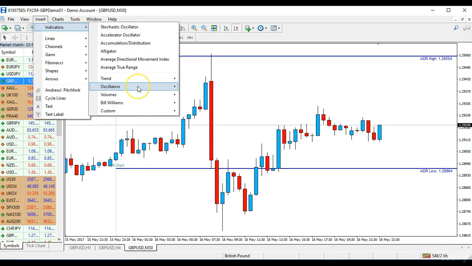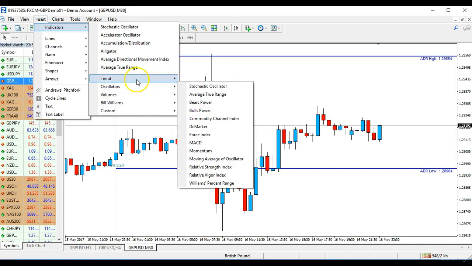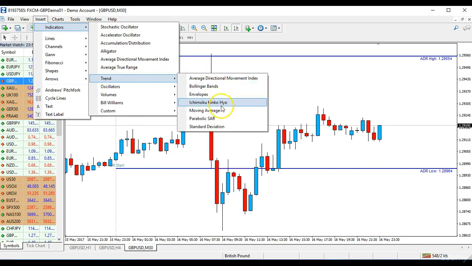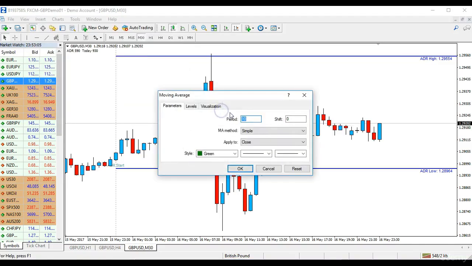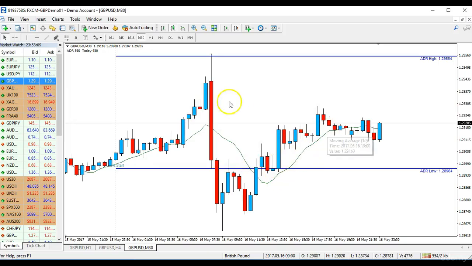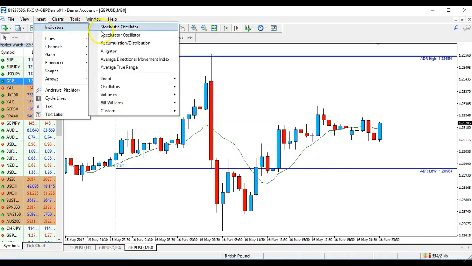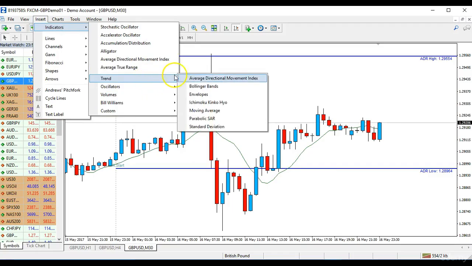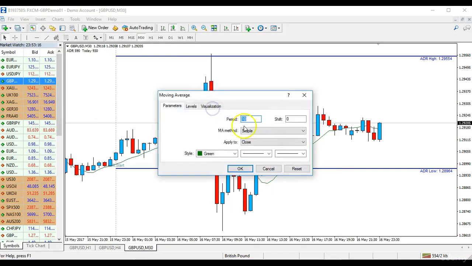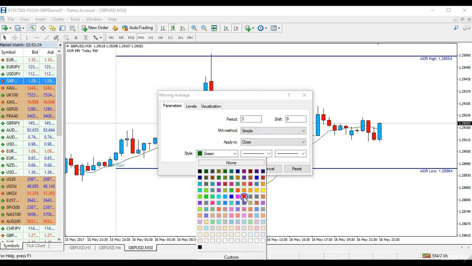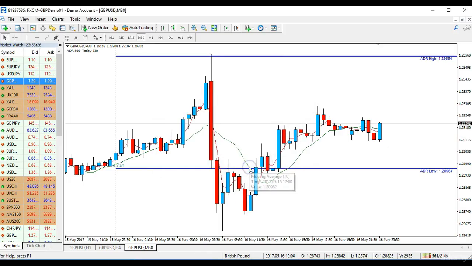So let me give you another indicator that I use and tell you how I use it. Another indicator I use is called a moving average. I use a 10 period green moving average and a 3 period red moving average. The reason I use these is to get a visual representation of how fast price is moving.